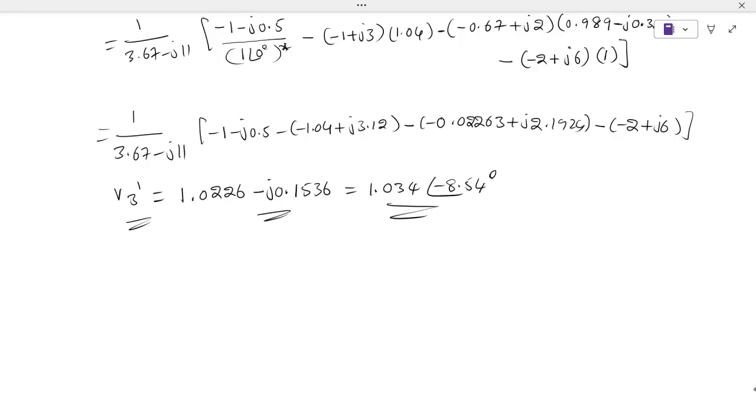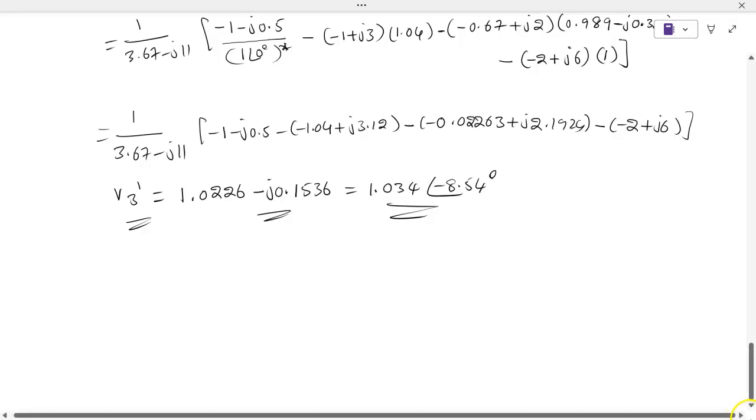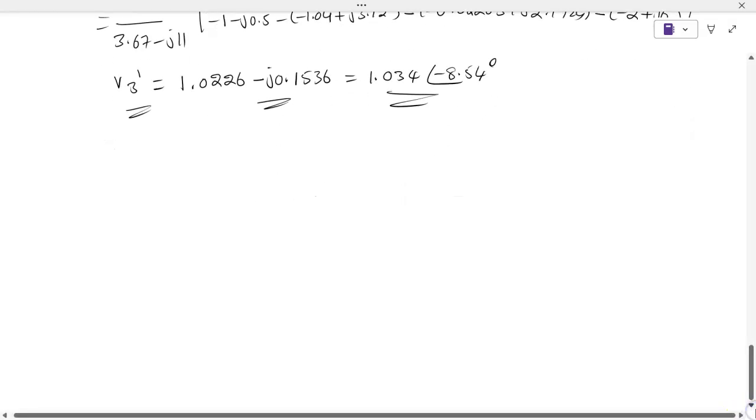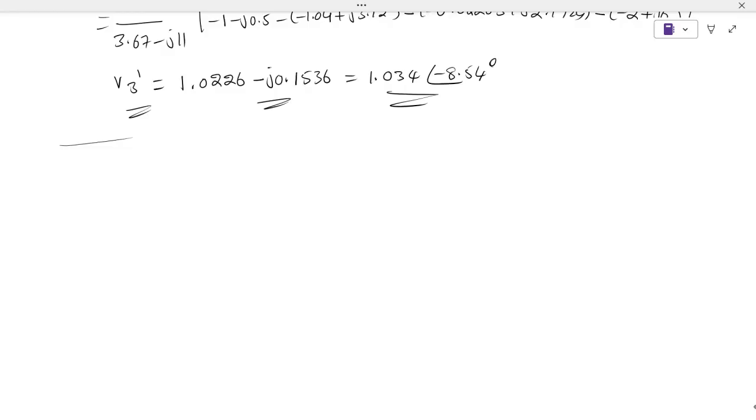This is the value of V3. And another one remains in this problem, that is the V4 value, you have to calculate. What is that? The V4 value you have to calculate.